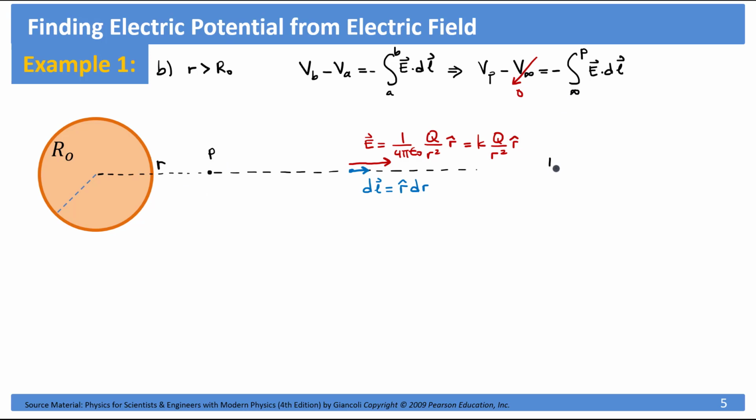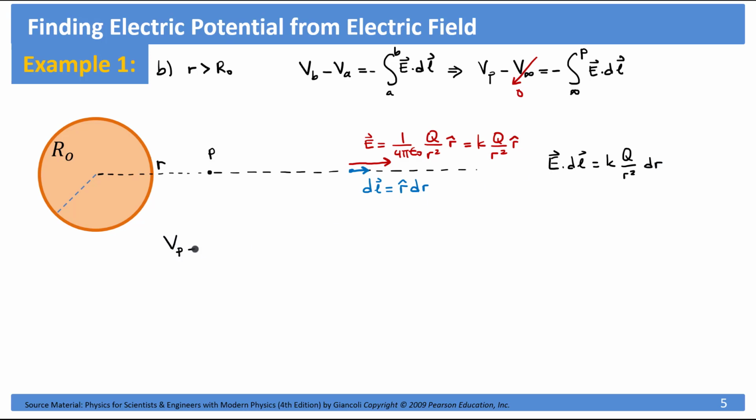So here, E dot dl will be equal to k q over r squared r hat dot r hat. Since r hats are unit vectors, the scalar product of r hat with itself will be basically 1, and then you're going to have dr here.